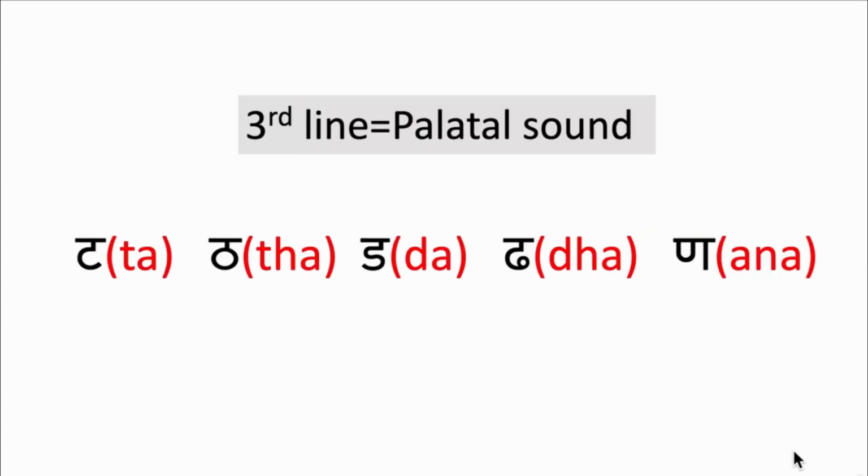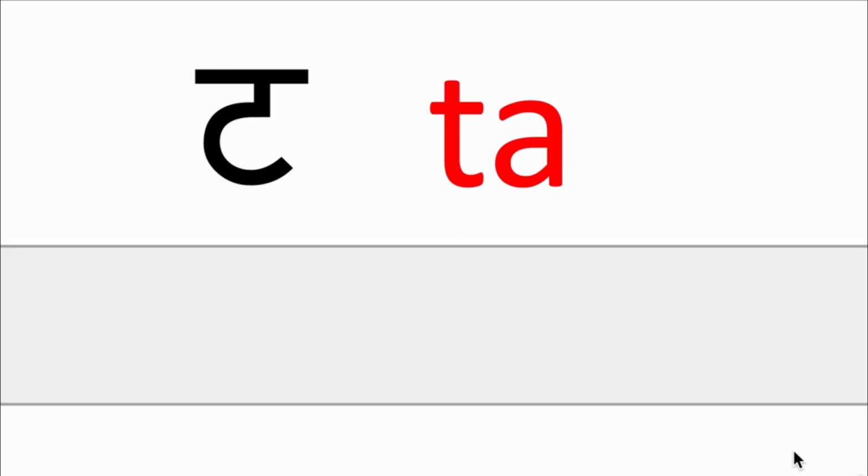This is the third line. Now let's learn how to read and write each consonant of the palatal sound. The first one is ta. Now let's learn how to write ta.